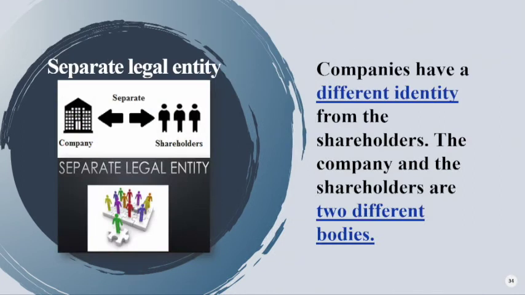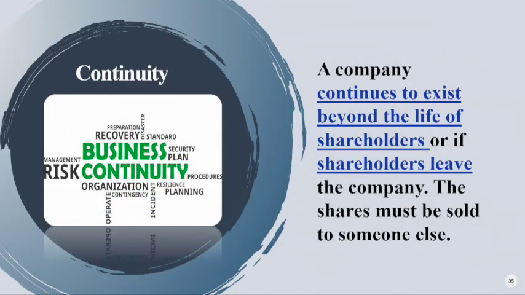Separate legal entity. Companies have a different identity from their shareholders. The company and the shareholders are two different bodies. Continuity. A company continues to exist beyond the life of shareholders, or if shareholders leave the company.